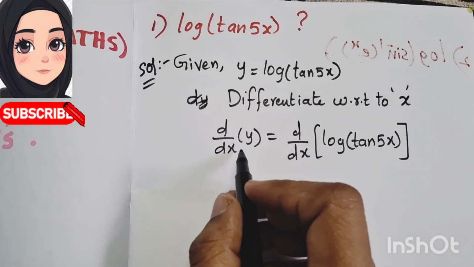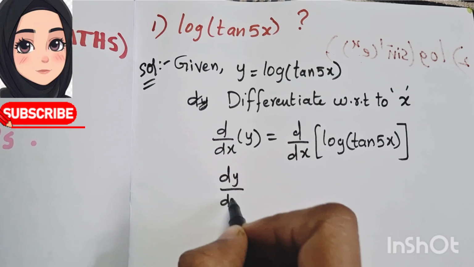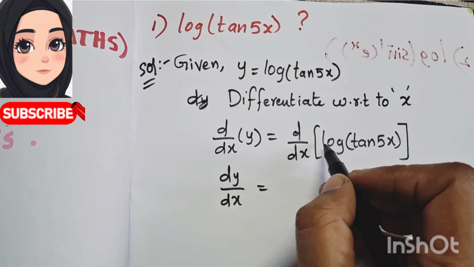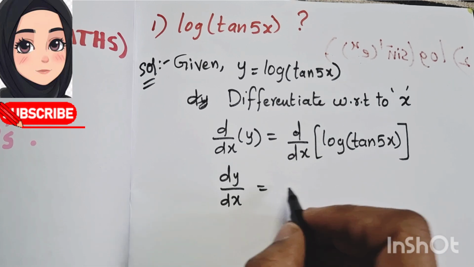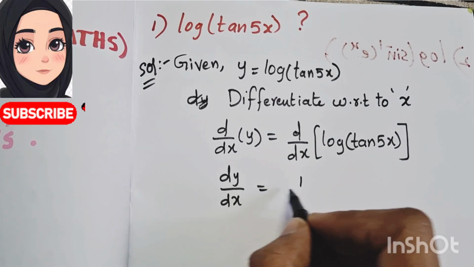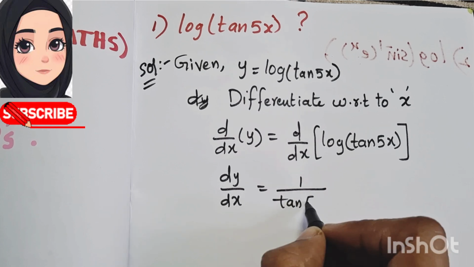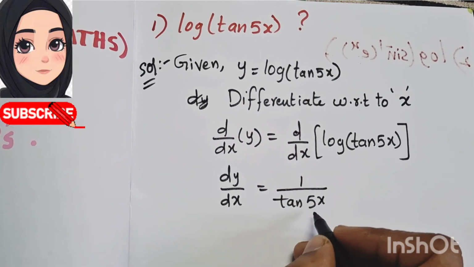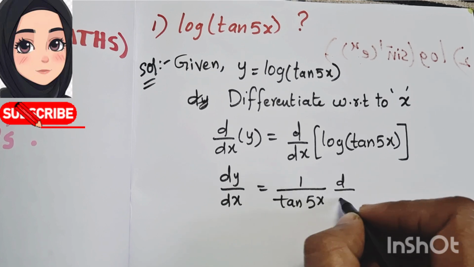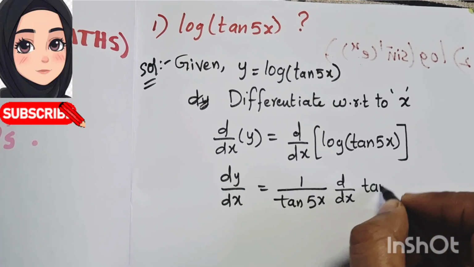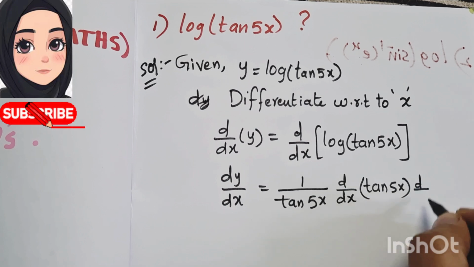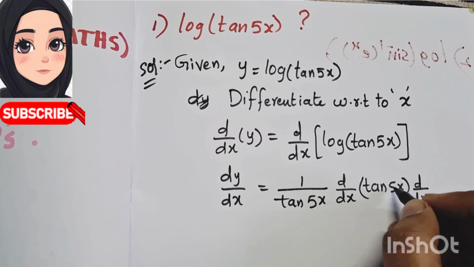Now dy by dx, and d by dx of log of x is 1 by x. Like that, log of tan 5x gives 1 by tan 5x. Next we have another term, tan 5x, so we differentiate tan, and again we have to differentiate the 5x term.